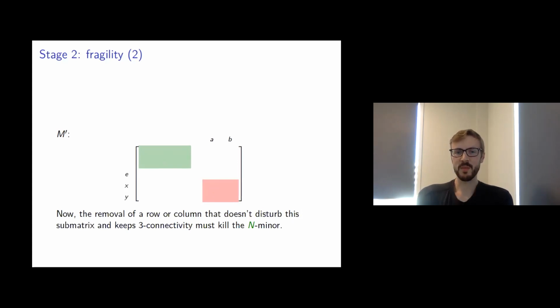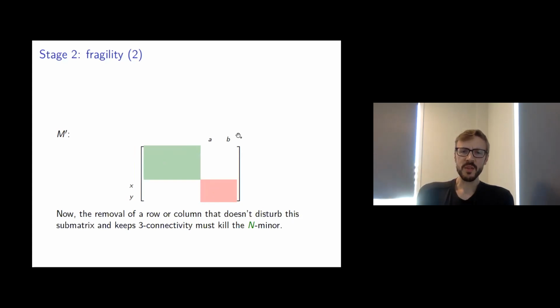So the picture that we really have is like this here. So what we're doing is getting to a situation where each element that's not in our basis, that's labeling one of these columns here, we can't delete it to keep the minor.